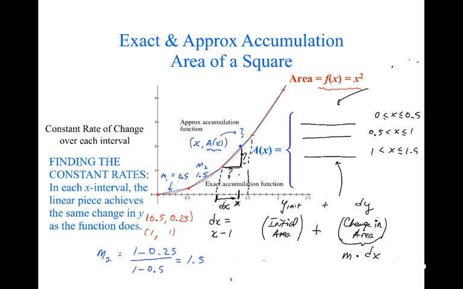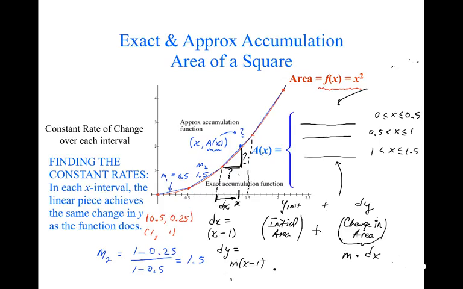What's the corresponding change in y, change in area? dy equals m dx. And dx is x minus 1. It should just feel slightly familiar. Maybe just like an inkling from your past, right? I'm being sarcastic. Okay. So m dx.